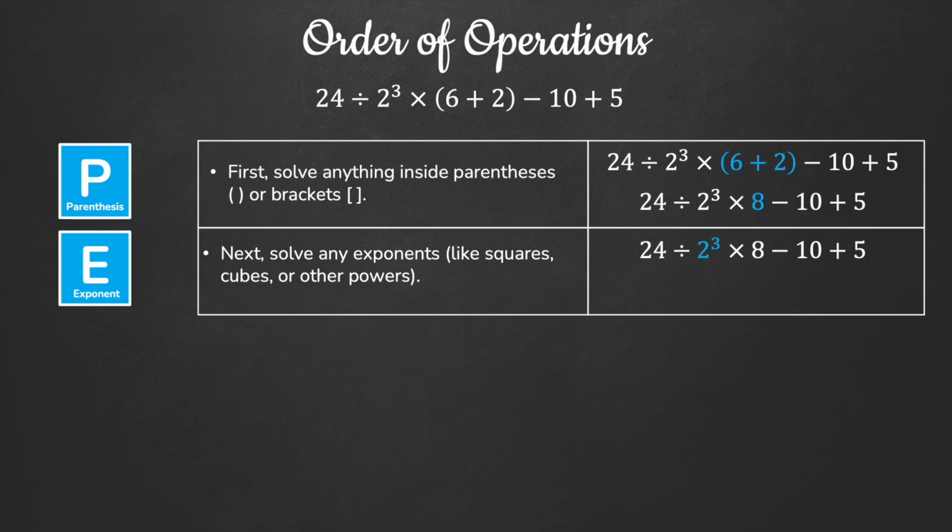So 2 cubed is equal to 8. So we're going to substitute 2 cubed for 8. And then we're going to just rewrite the rest of the expression exactly as is. So now we have 24 divided by 8 times 8 minus 10 plus 5.